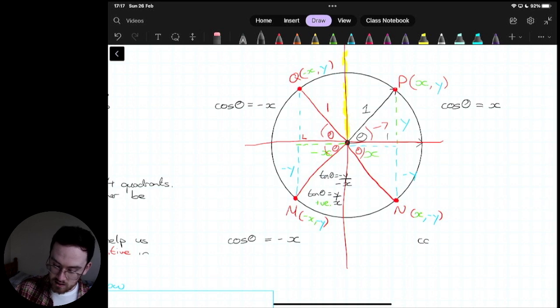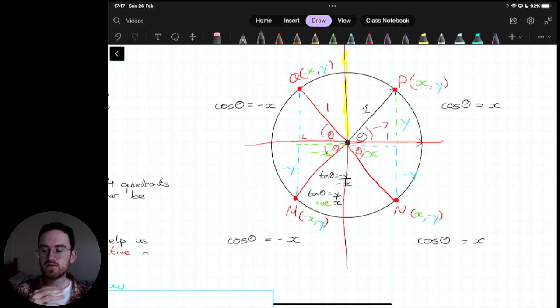And for N, cos theta is just plus x. So what we can see there is that for each of these points, keeping that angle theta the same size to the horizontal each time, what we end up with is that cos of theta is either plus or minus x. The actual numerical value is x each time, but whether it's a plus or minus depends on which section we're looking in.